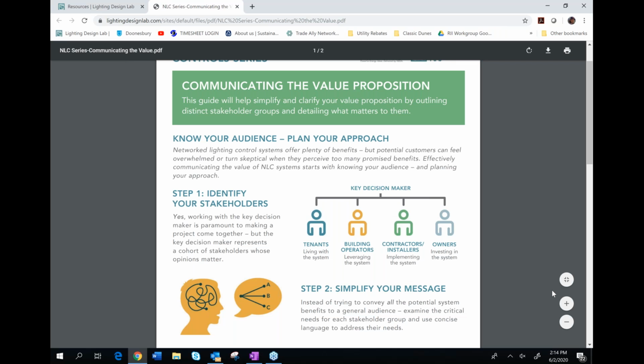It's good to remember that it's going to make for a much better project proposal if you organize your thoughts so that the value proposition inherent in these systems is tied to these specific stakeholder groups. And that's what this learning guide is all about.